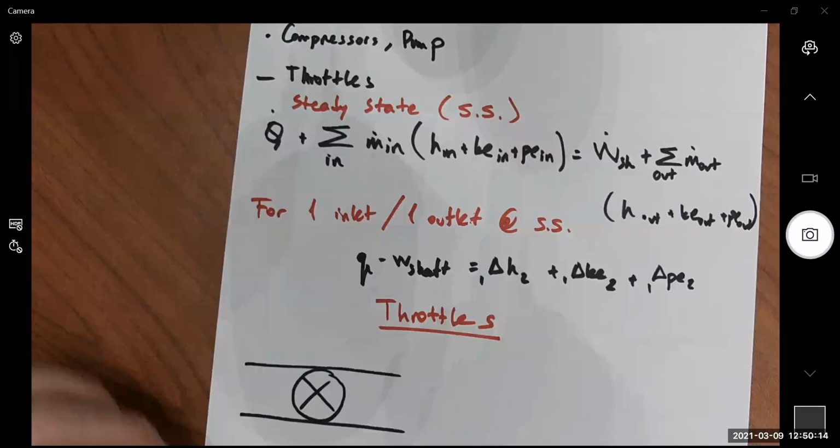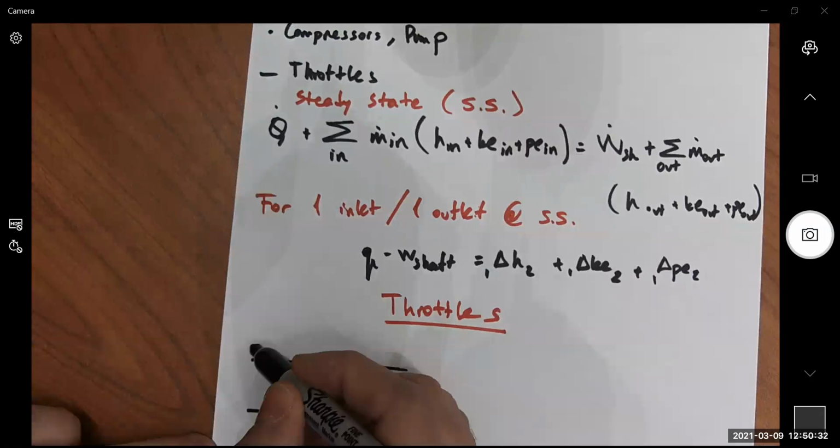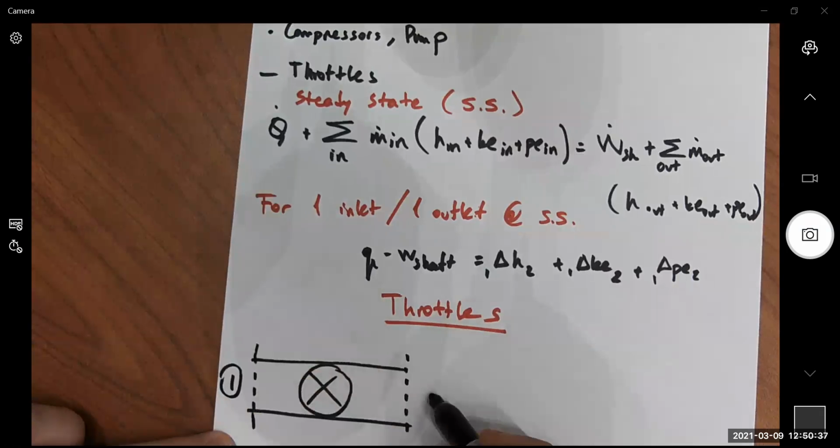And we will see how it is used in a refrigeration cycle usually, as I said, towards the end of the semester when we come into cycles, power cycles, refrigeration cycles, heat pump cycles. So it has one inlet, one outlet. We call inlet 1, outlet 2.